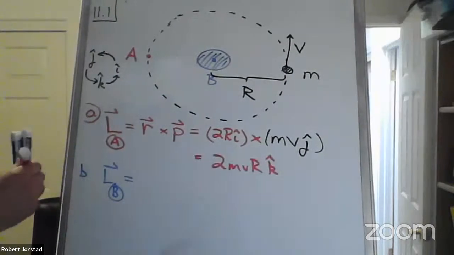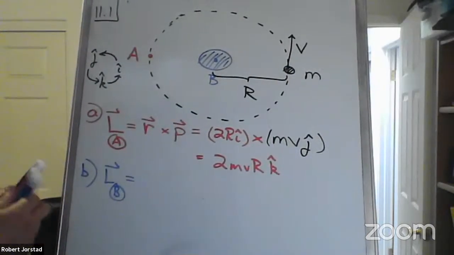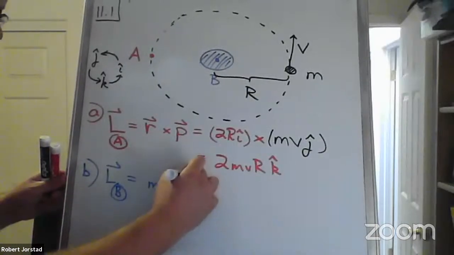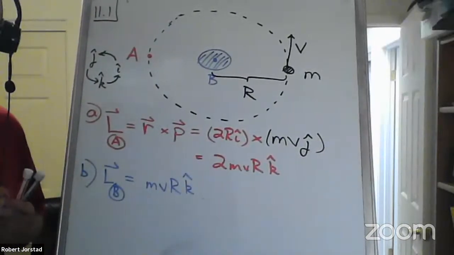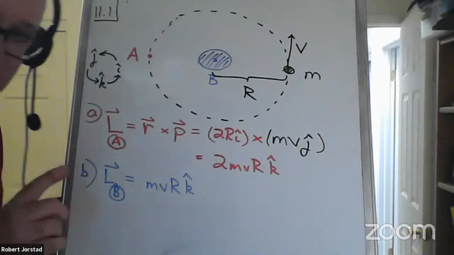What would I get when I do this with part B, about point B? Is the radius just R? Yeah, so we get mvR k hat, right? So far, so good.